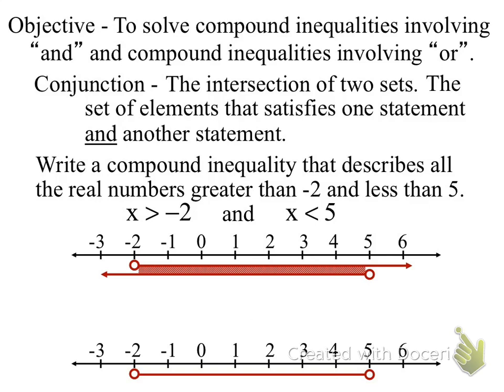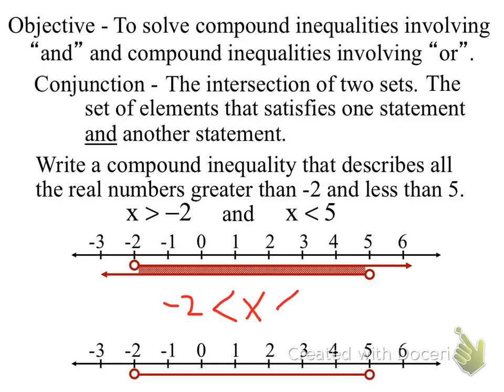Okay, now we can write these as an in-between statement. And you can see we have x. I put x in the middle. X is greater than what number? -2. Yes, -2 on the left.